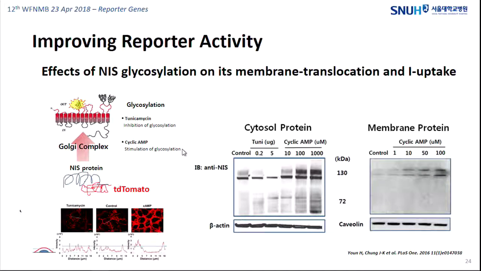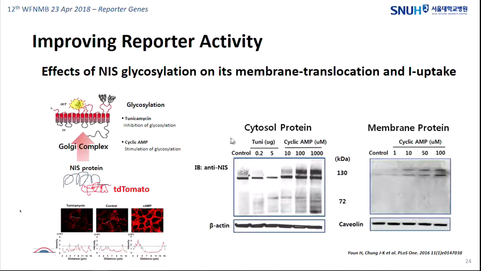And we tested two different kinds of drug. One is an inhibitor of glycosylation, the other is a stimulator of glycosylation. So we treated with these two drugs, and then we monitored the integration of the NIS protein into the membrane. We divided the protein from the cells into two portions, cytosolic and membrane.